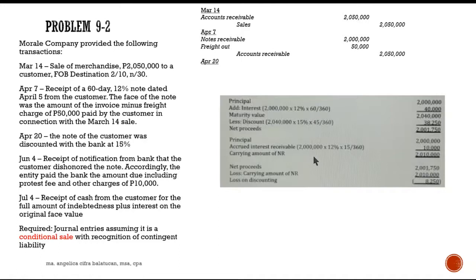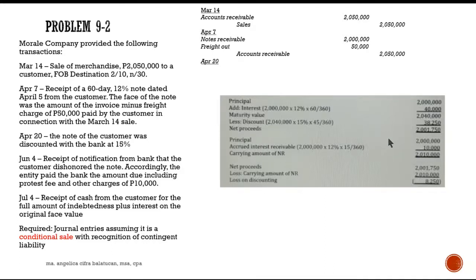So 2,040,000 times 15% times 45 over 360. So that's 38,250. So our net proceeds here would be 2,001,750.